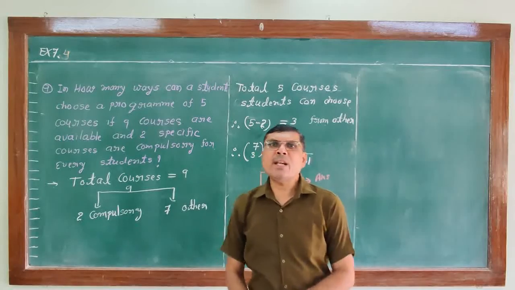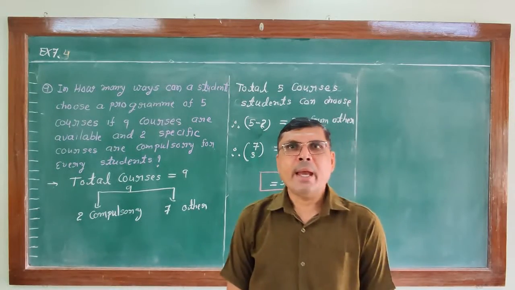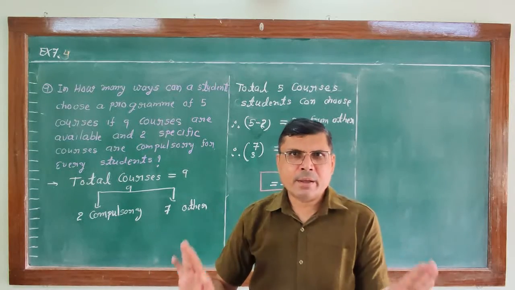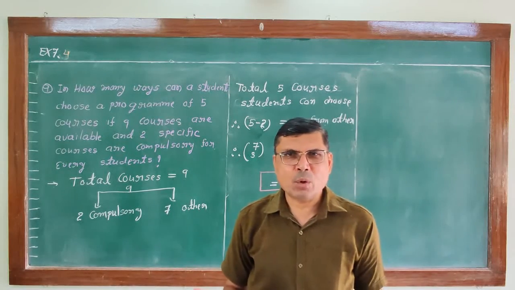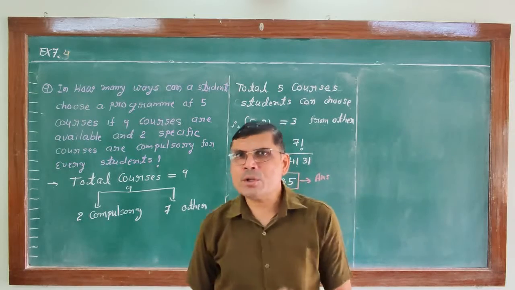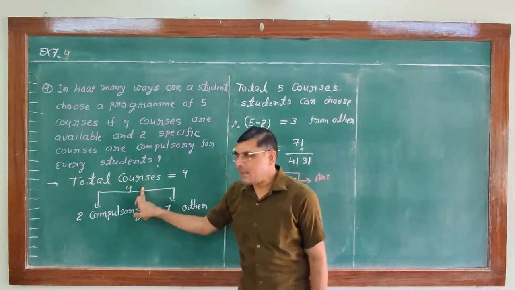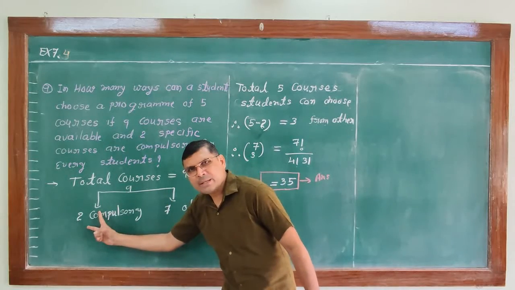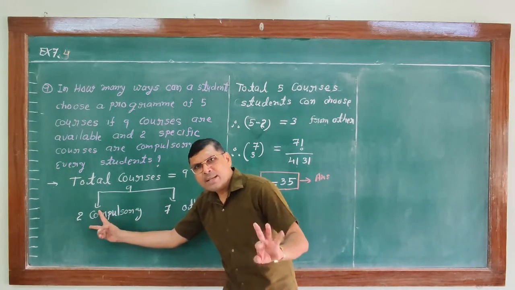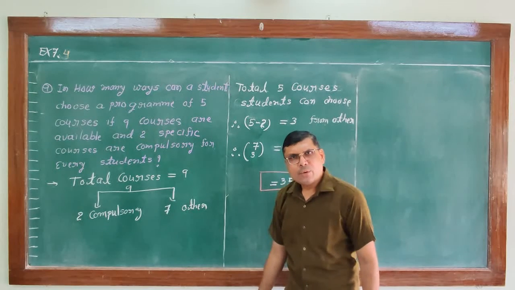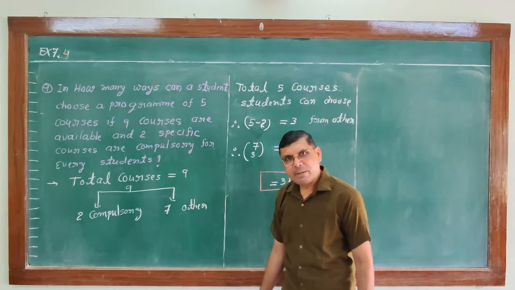So total 9 courses are available and 2 courses are compulsory. Everybody has to select those. Out of 9, 2 are compulsory, means you can select from the remaining 7.